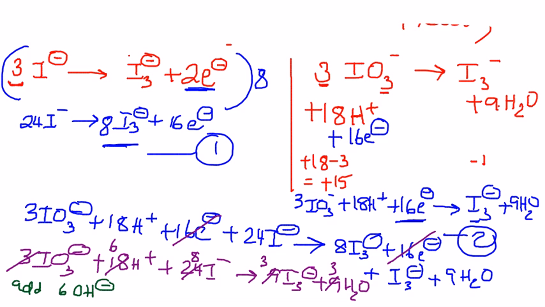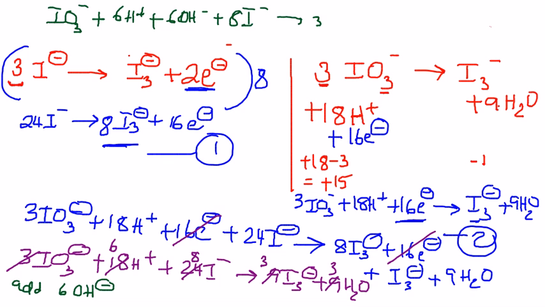Let's make some room. So when you add the hydroxide, it's going to look like IO3 minus plus 6 protons plus 6 OH negative plus 8 I minus gives 3 I3 negative plus 3 H2O. Now since you have 6 H plus and 6 OH minus, I'm going to just write that as 6 H2O.